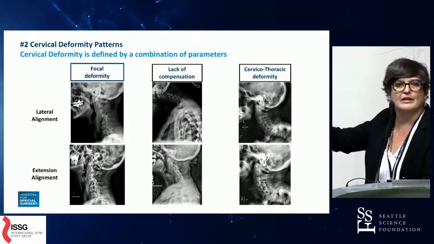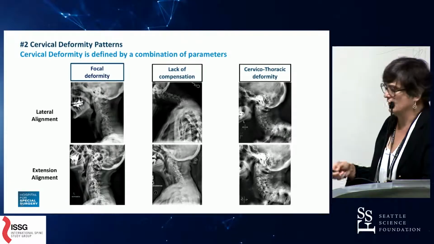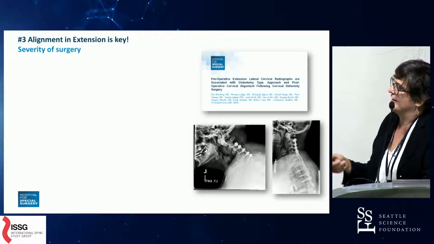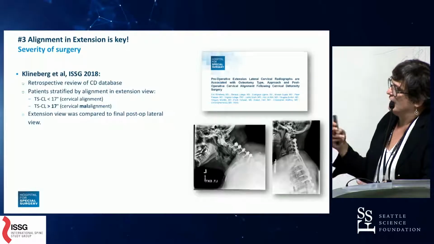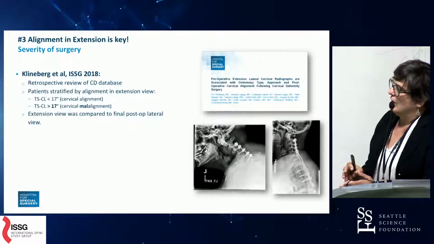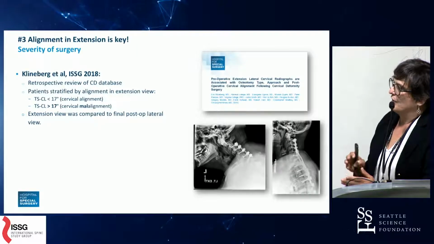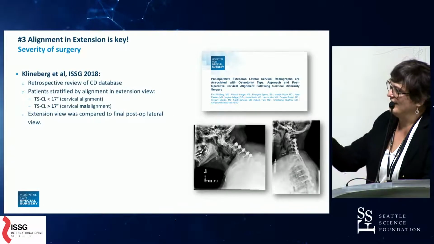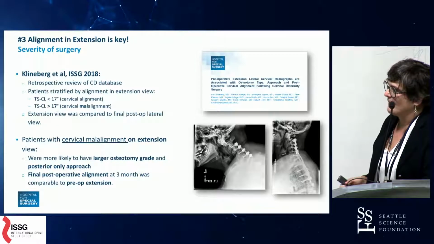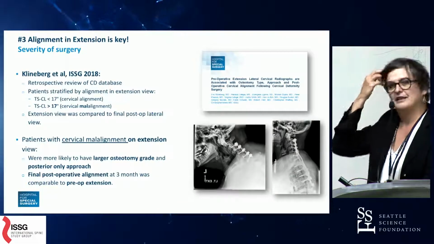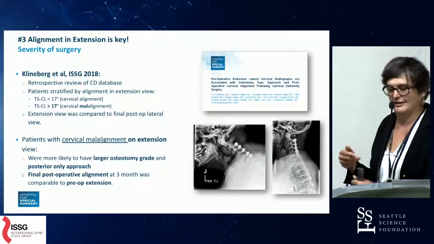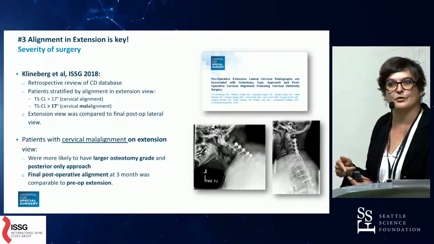Of course, you also have the classic coronal scoliosis. And last year, Eric did a study where he looked at what was a predictor of postoperative alignment. What we found is that the preoperative alignment in extension is what actually guides the severity of the correction.